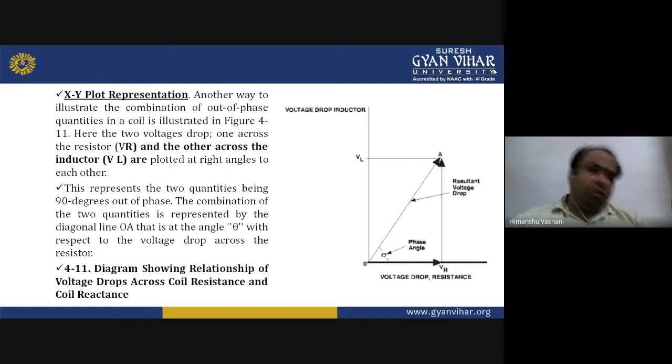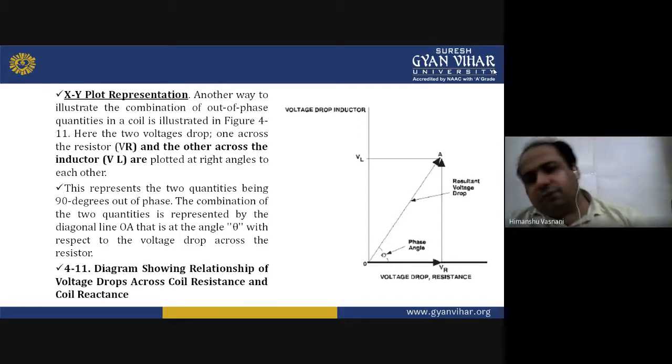Now the XY plot representation. This is very important because it gives you another way to illustrate the combination of out of phase quantities in a coil, and you can see it in the figure.